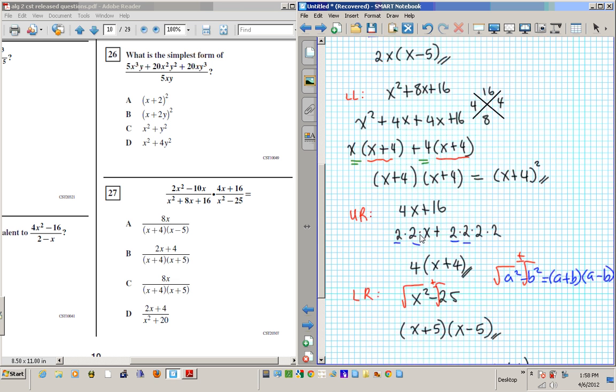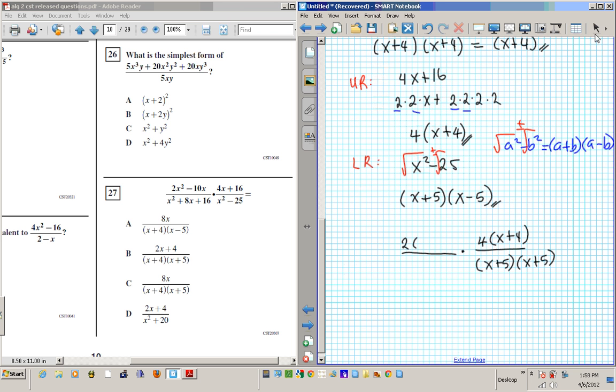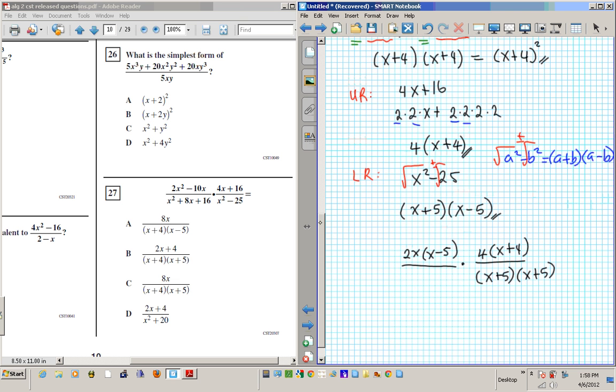Upper left is 2x times x plus 5. So let's put that down. 2x times x minus 5. And then on my lower left is x plus 4. Let me write it as x plus 4 times x plus 4. Okay, write it out like this so I can see what cancels out.